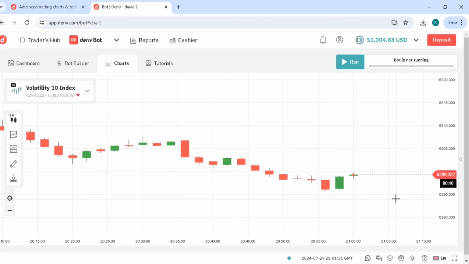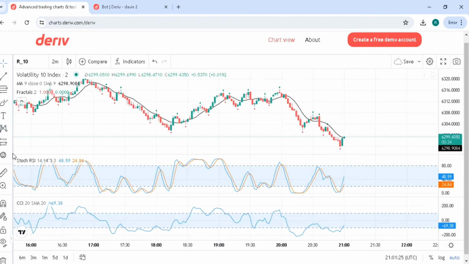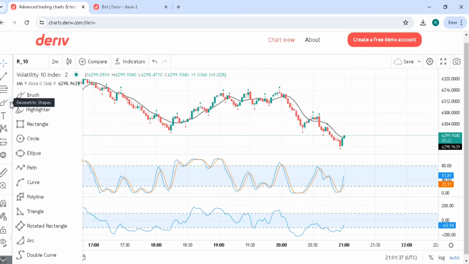But if you want to trend using a new candlestick, the entry point is, and let's say you've realized that your market is a rise.